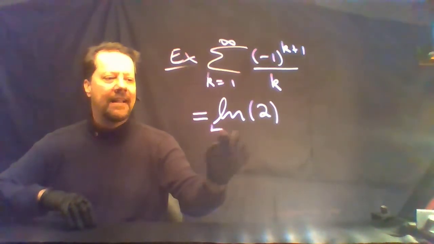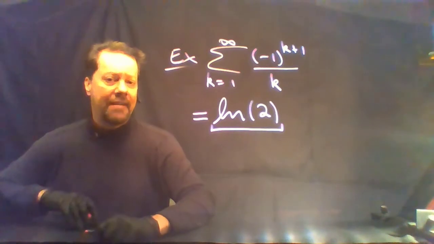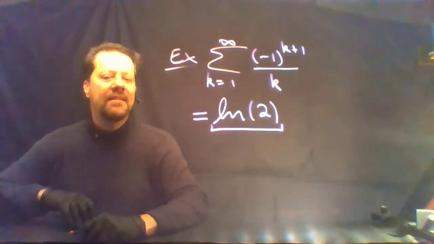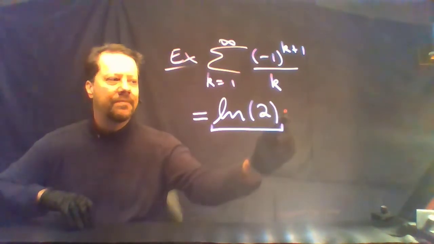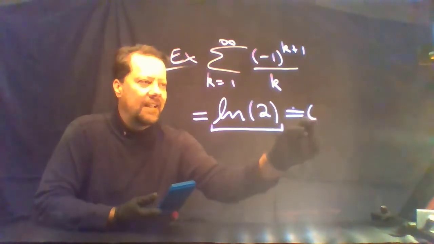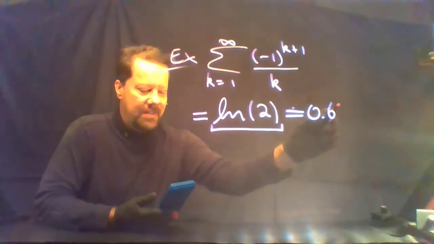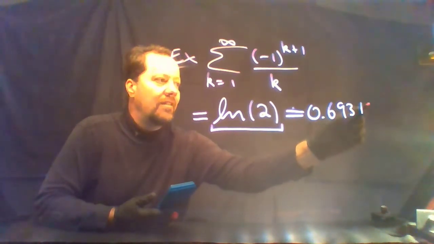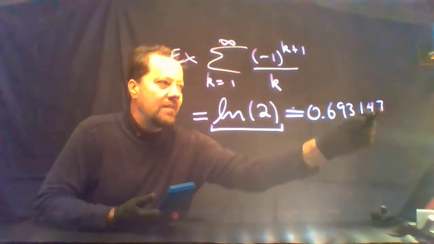But for right now, take it as a matter of faith that the alternating harmonic series adds up to the natural log of 2. Crunching that number on my calculator, I get 0.693147.